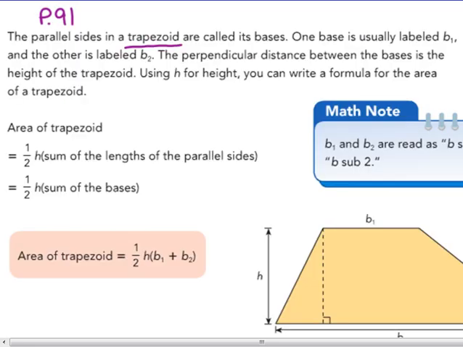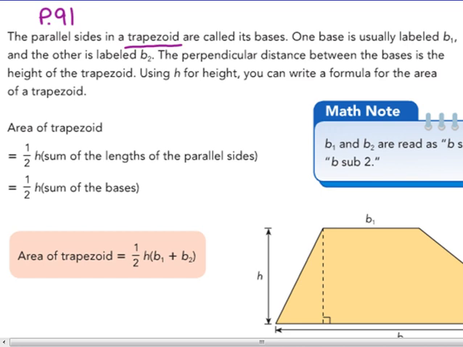On page 91 in the pink book is the trapezoid. The parallel sides in a trapezoid are called its bases. One base is usually labeled base 1 and the other one is labeled base 2. The perpendicular distance between the bases is the height of the trapezoid. So again, that perpendicular, that dotted line with the box. So the box is the height.